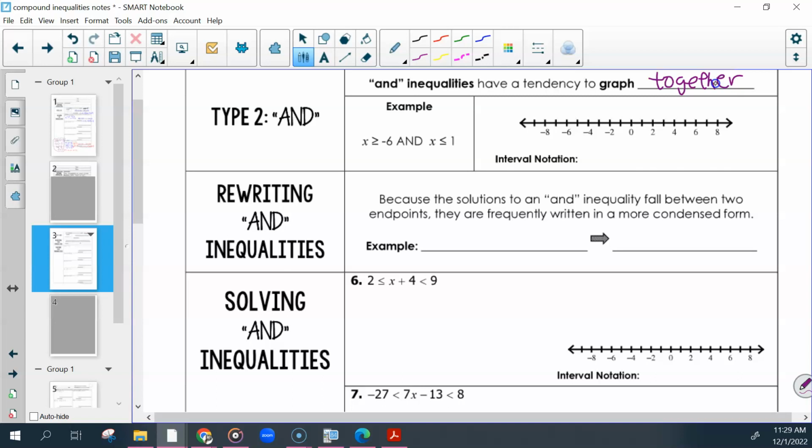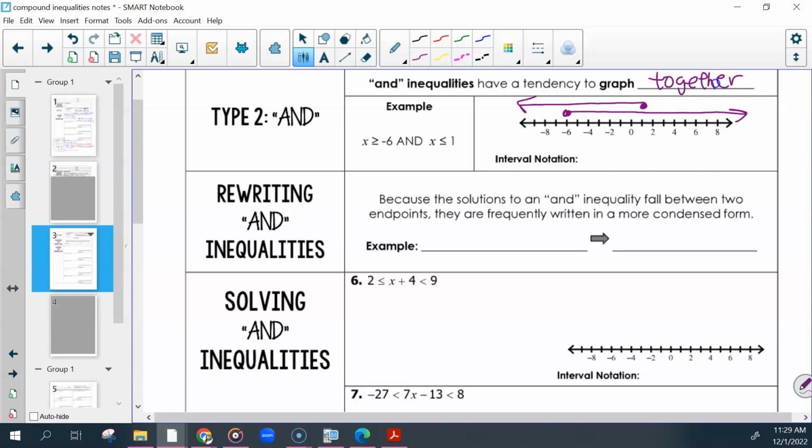So an example of that would be this. Here we have x is greater than or equal to -6 and x is less than or equal to 1. I'm going to graph both of these like normal. Closed circle at -6 going to the right. Closed circle at 1 going to the left. These two lines will overlap each other at some point.